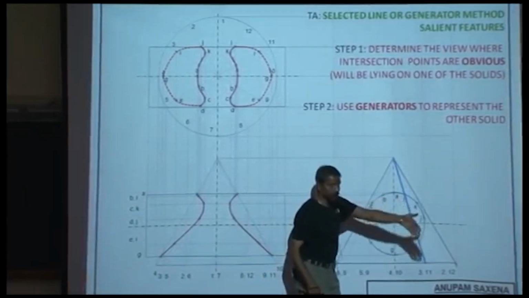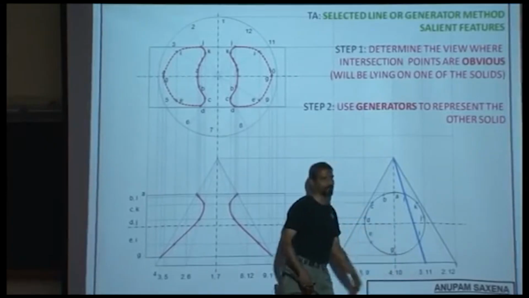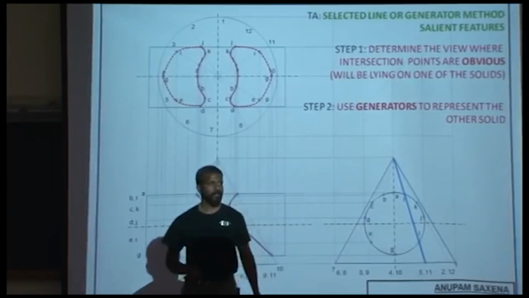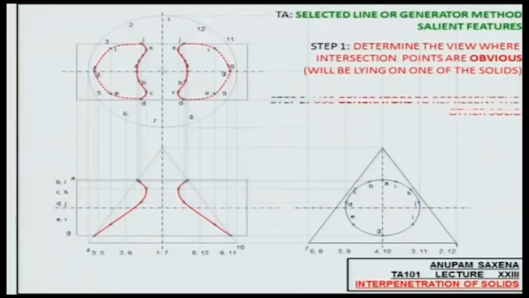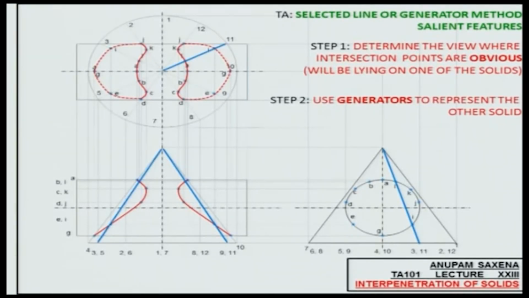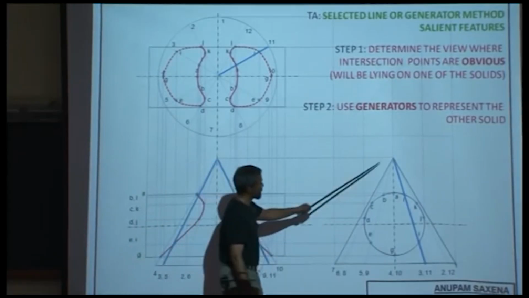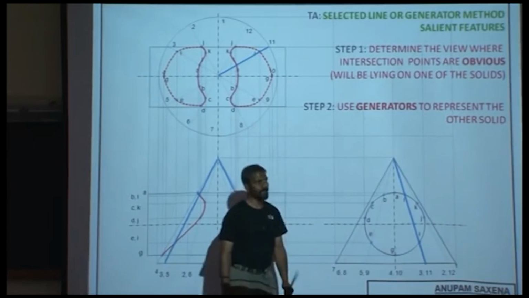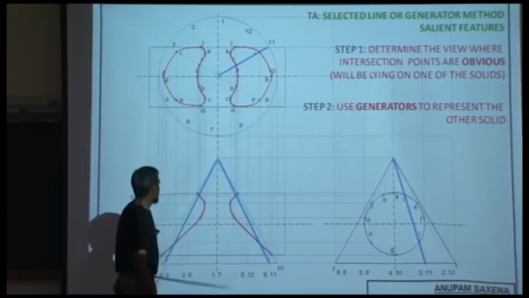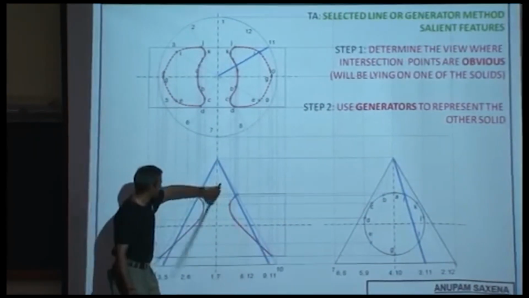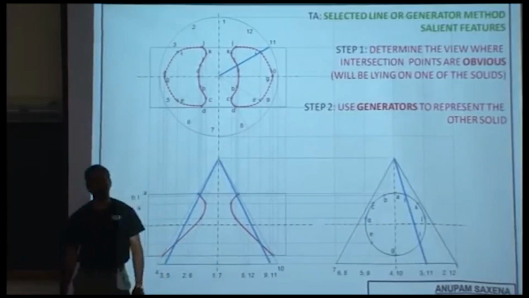The best way to visualize this in the front view is this. So this is the first line, line 11, and this is the second line, line number 3. So this line that is on the slant surface of the cone is in fact representing two lines in the front view.